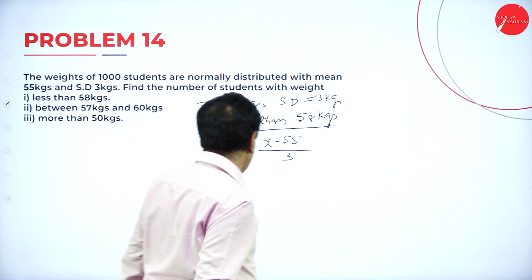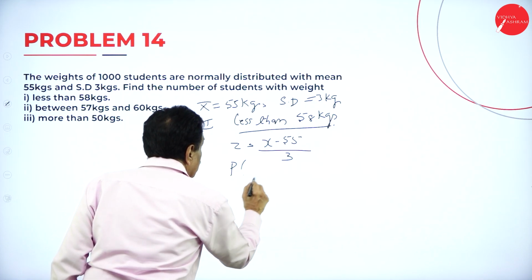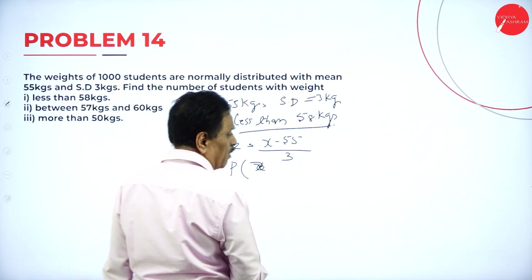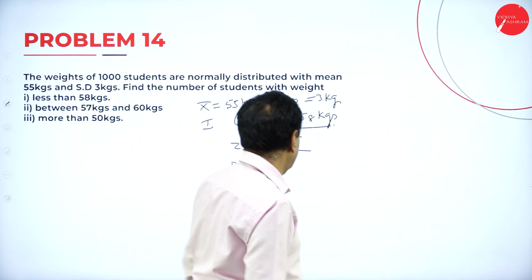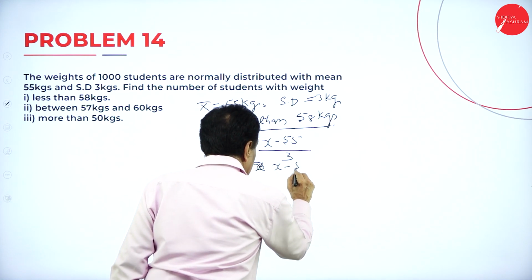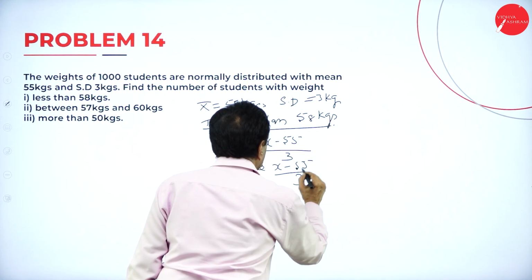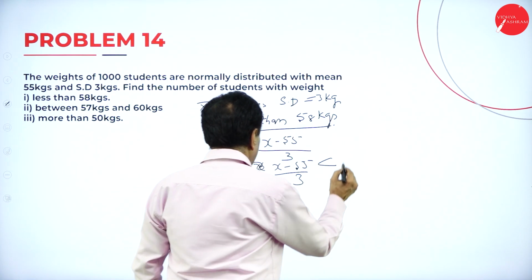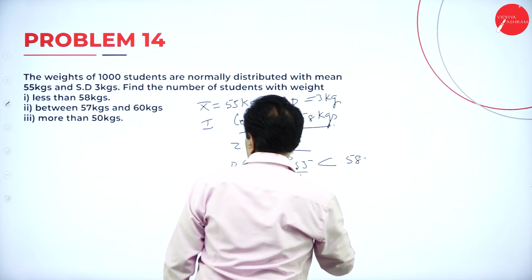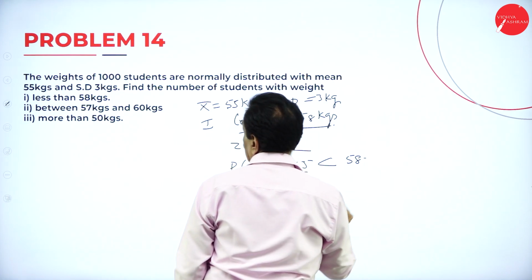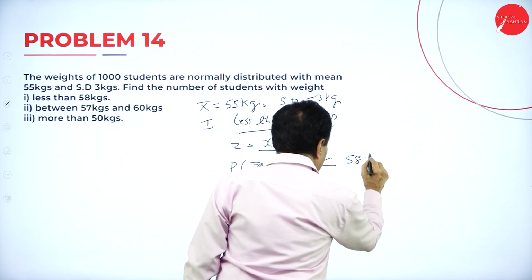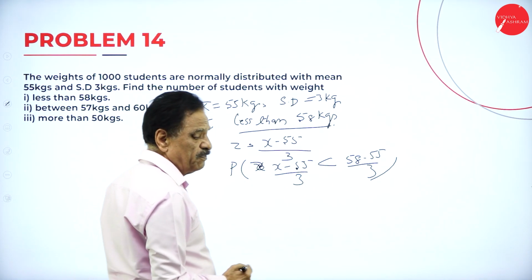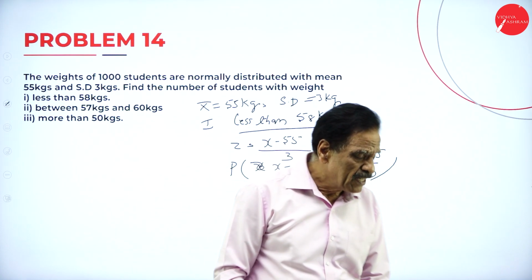Therefore, probability is equal to x minus 55 divided by 3 less than, what is the x value? 58 minus 55 divided by 3, that is 1.